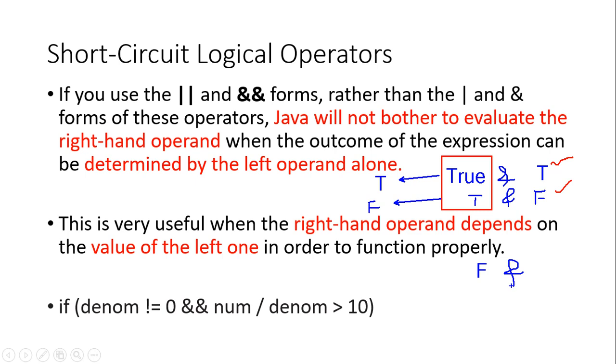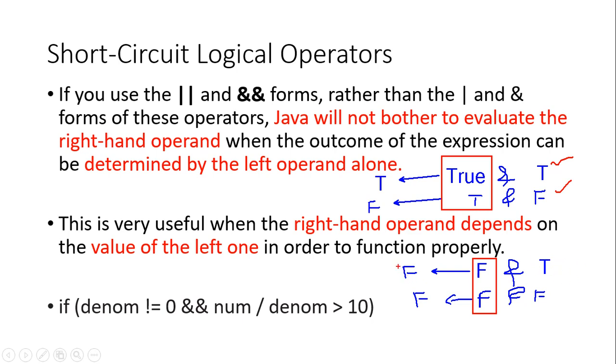However, look at this situation. If the first expression is false, and you have this AND operator, and the second expression is true, the result is false itself. Again, if the first expression is false, and the second expression is also false, the result is false.